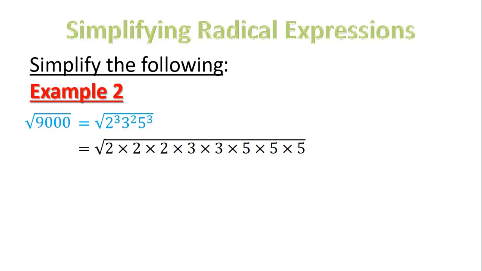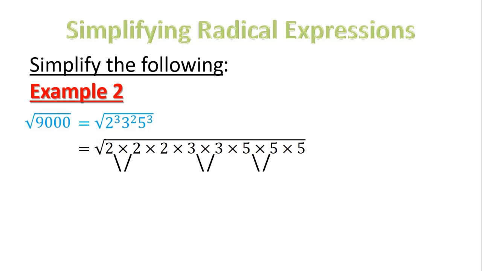So I've got a 2 times 2 which I can make into a pair. Then I've got a 2 by itself, can do nothing, shame. Then I've got a 3 times 3 which I can pair. Then 5 times 5 which I can pair, and right at the end I've got a 5 all by itself, and there's nothing I can do with that.